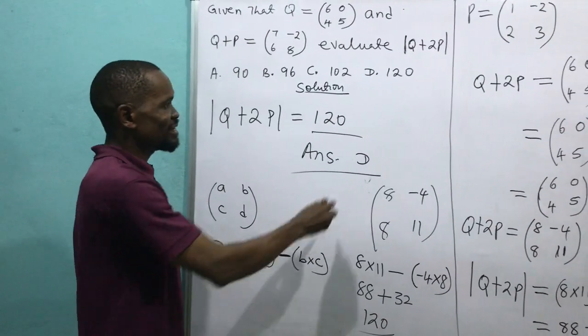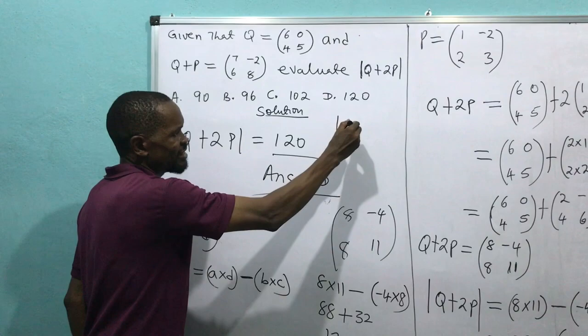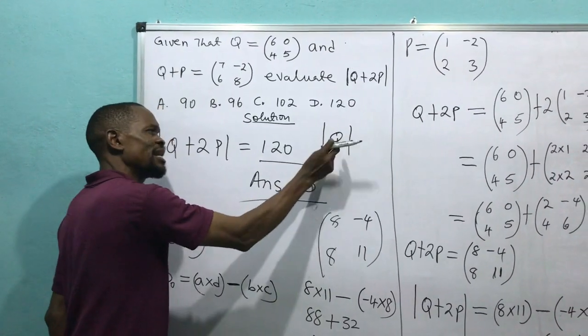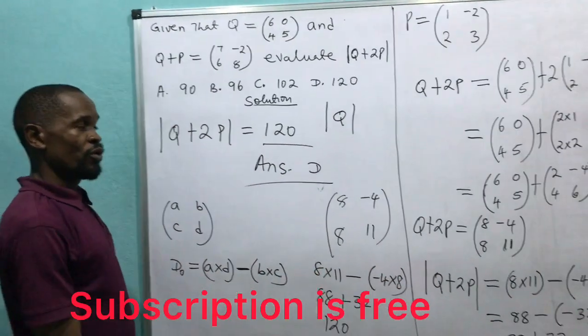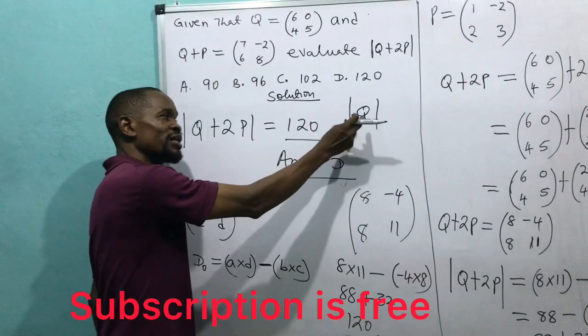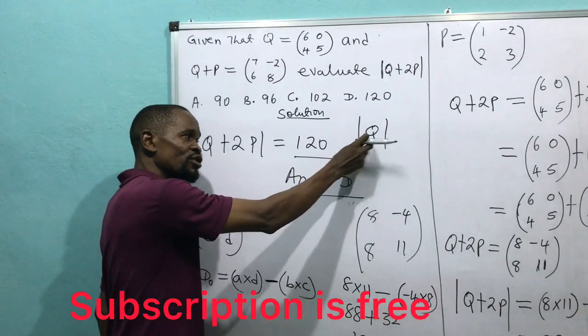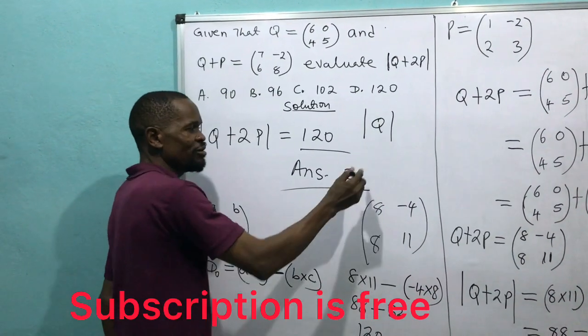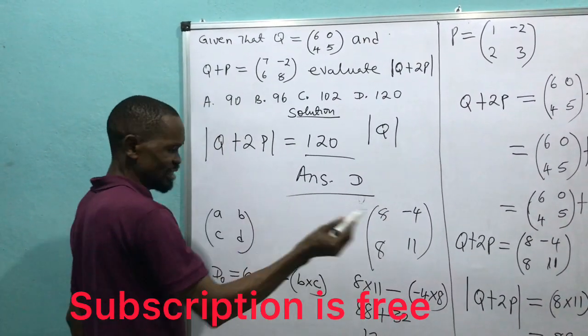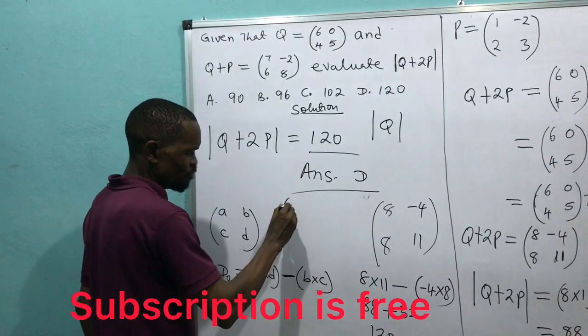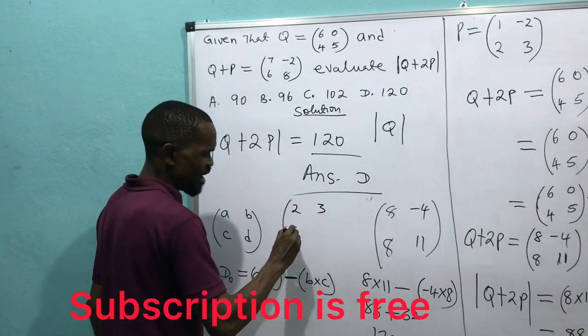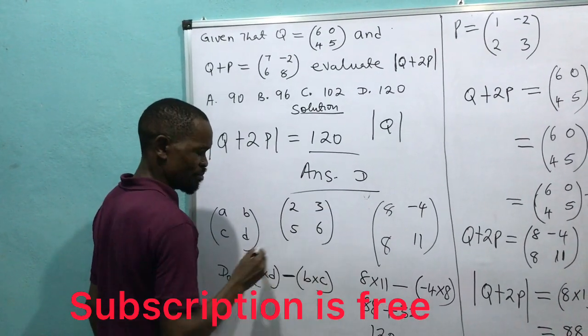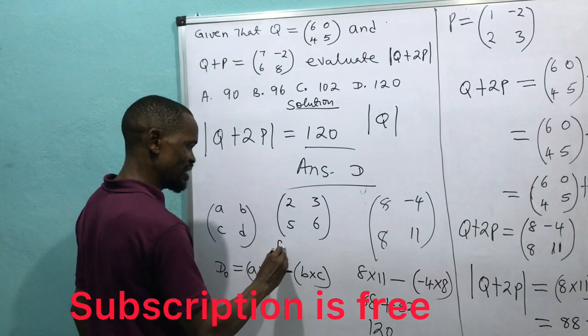And you remember what I said. Maybe you see this in a matrix, it means you should get the determinant of Q. I get what I'm saying. Another way to ask you to get the determinant is by giving you this symbol, determinant of Q. That's JAMB for you. Sometimes JAMB may give you 2, 3, 5, 6, then close and say evaluate.